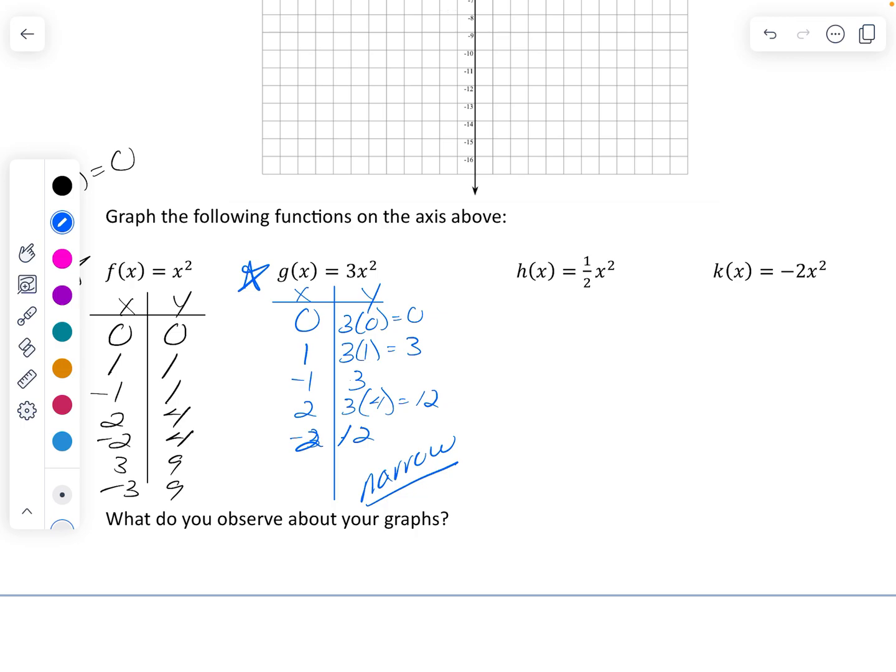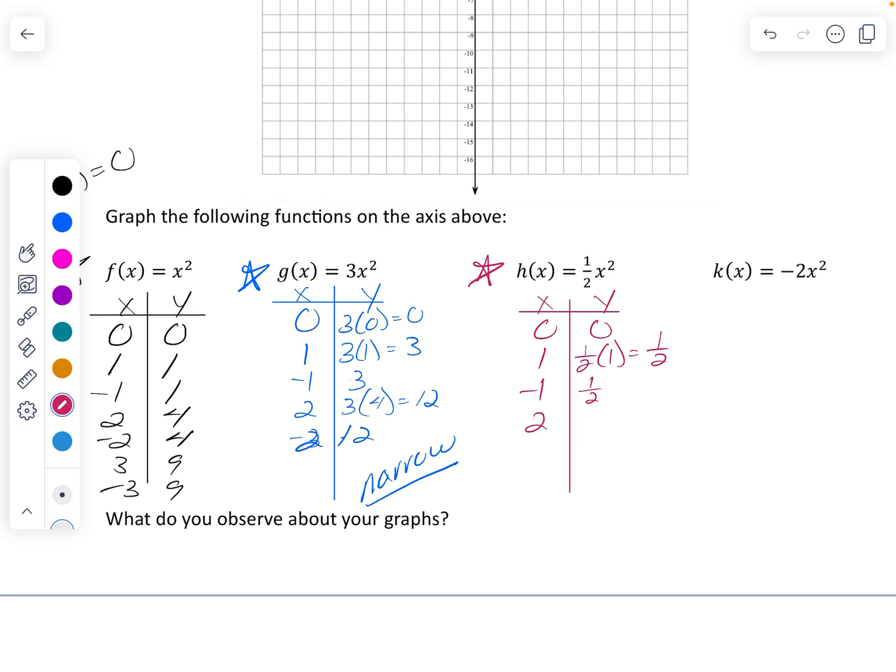Our next one we'll do, let's do this red color. So for this one, we're going to make a chart as well. 0 is still 0. Now 1 half times 1 squared is 1 half. So negative 1 is also 1 half.